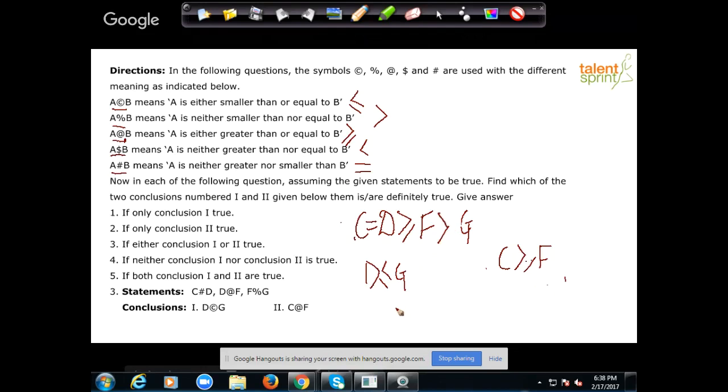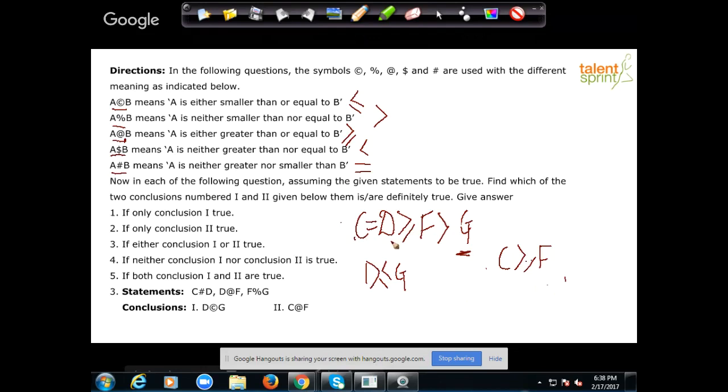Now let us analyze the first conclusion. If you notice, can I say G is the greatest value? No. G is actually the smallest value in the entire inequality. Why?